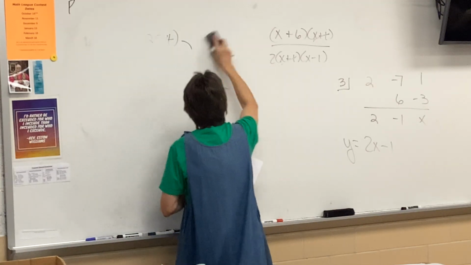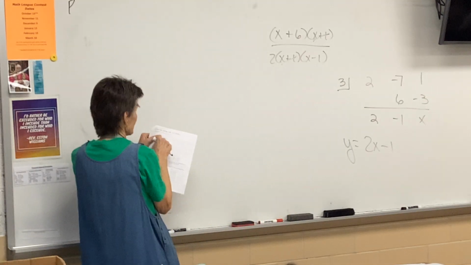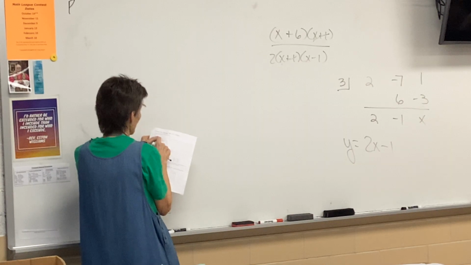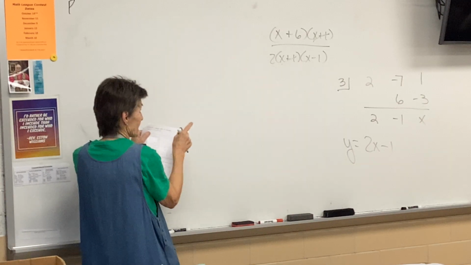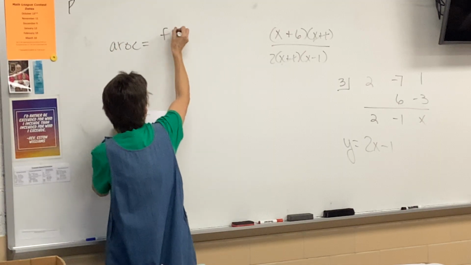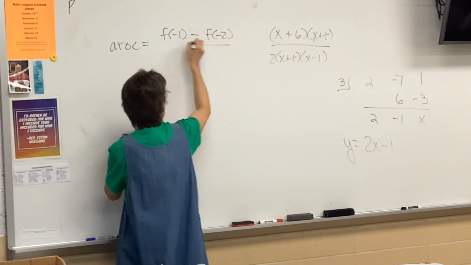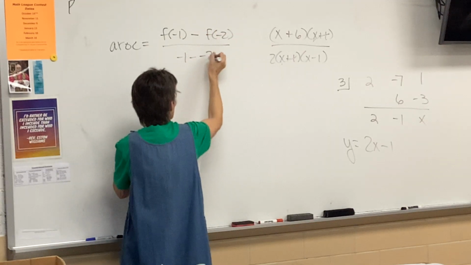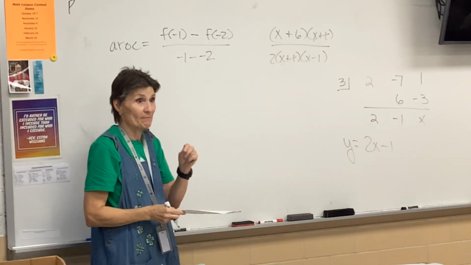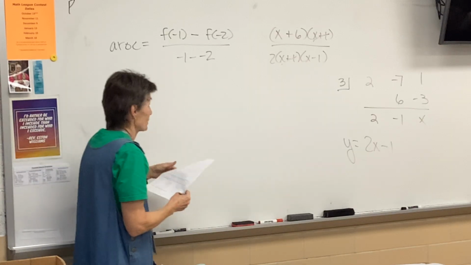Remember, every time you are asked specifically for an average rate of change, for problem number A, for example, you are going to start out with f of -1 minus f of -2 over -1 minus -2. Remember that little formula we have? f of b minus f of a over b minus a. That is how they're all going to start.